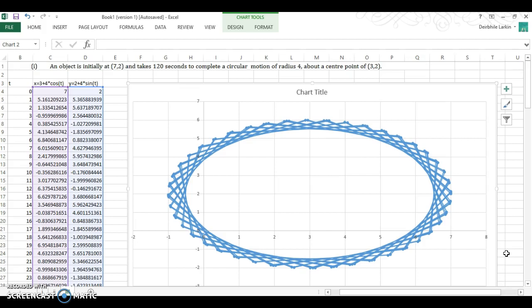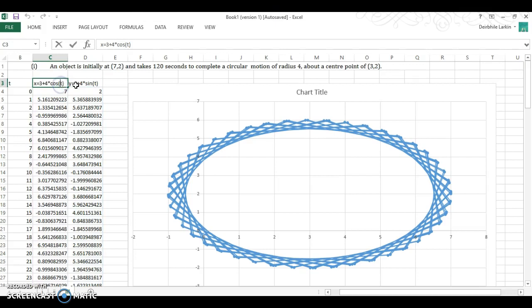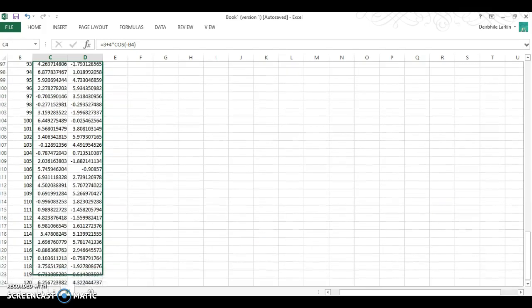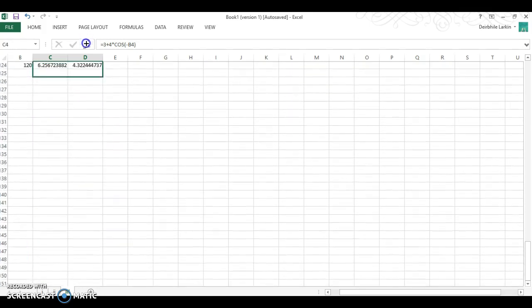But to change it to a clockwise motion, if you put a minus on t here and a minus in here in your answers, it will change the direction. So if I just do that now, just change these.